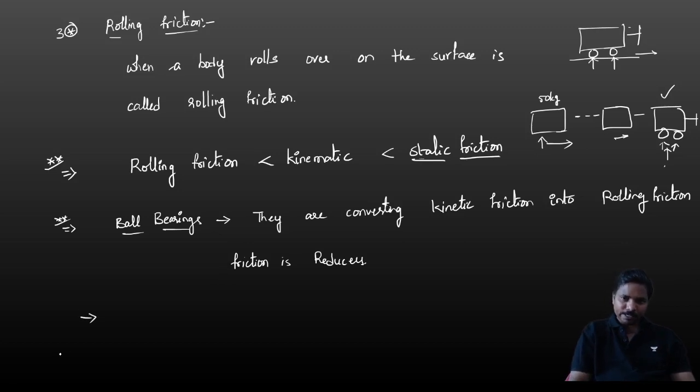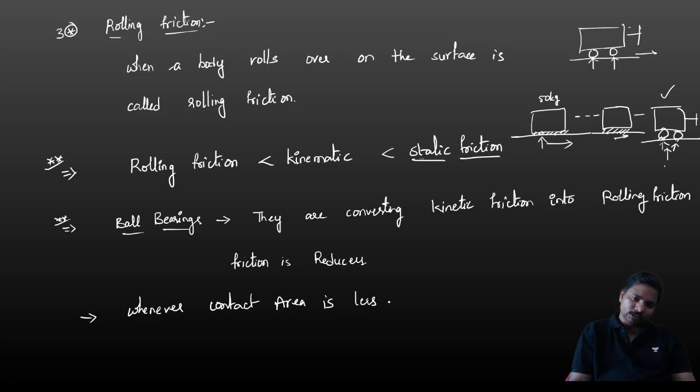And we can also get an idea from these. Here we have this much contact area. Here also this much contact area. And what about here? Less contact area. So whenever contact area is less, friction is also less.